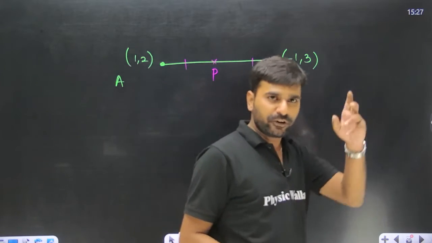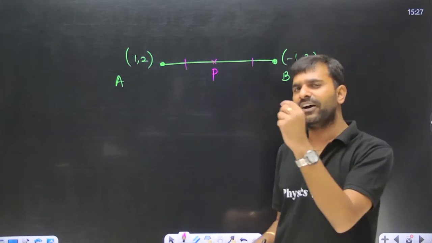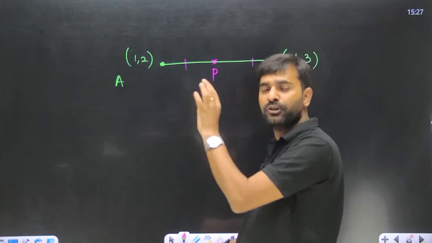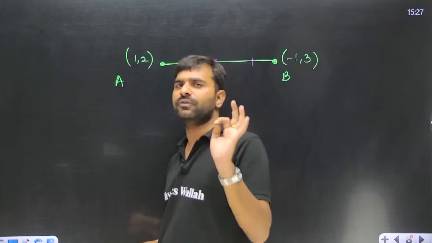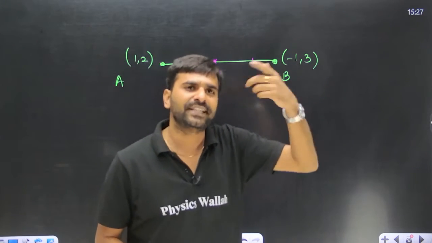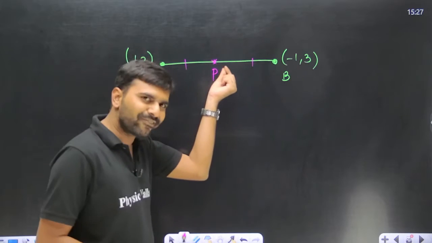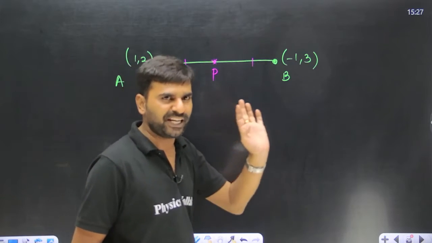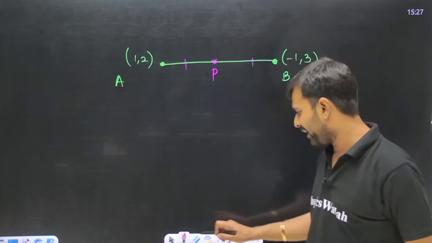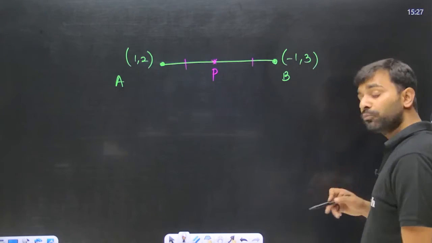So if you are moving on some path, sometime you will come onto this point as well, because ultimately you have to keep your distance from A and from B equal. There will be one moment when you pass through point P as well, because PA is equal to PB. Okay, fine. Now how many such more points are there?